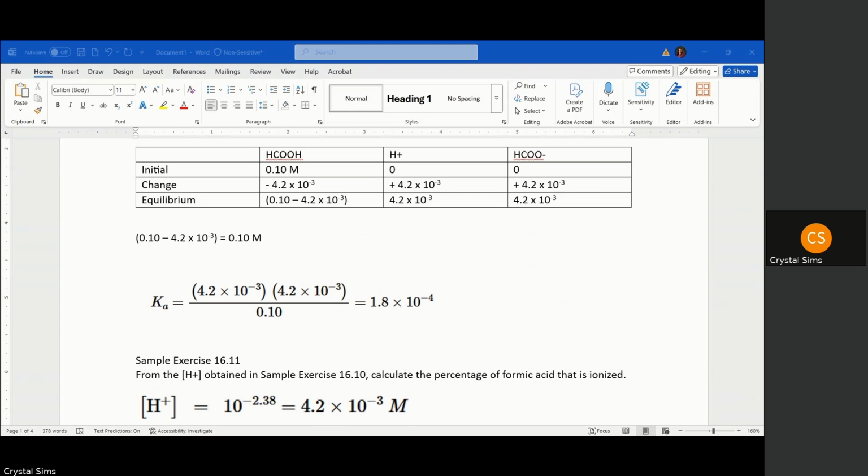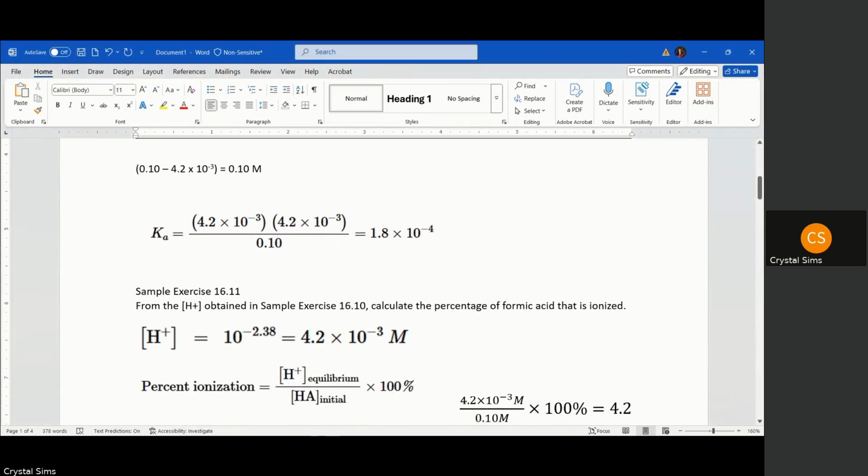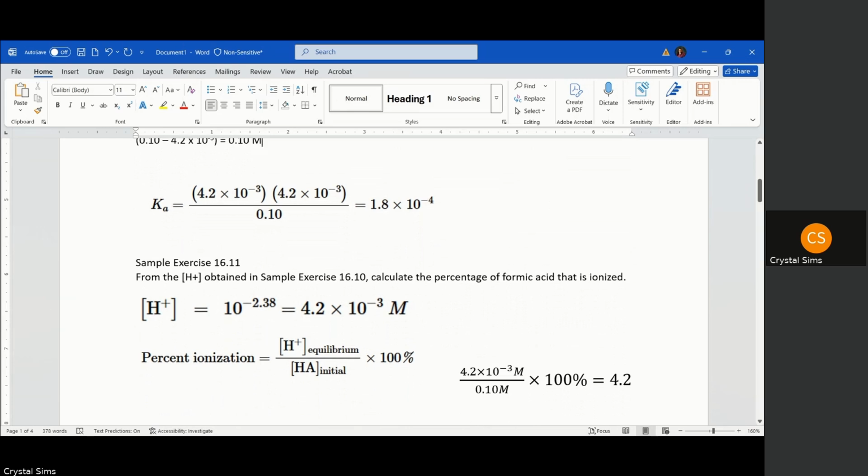Okay, so we have got our hydrogen ion concentration, and so now we can get percent ionization. So I just copied our hydrogen ion concentration from the previous problem, and we're going to plug that into our percent ionization equation. This is the hydrogen ion concentration at equilibrium, which we calculated, and the initial concentration of our acid.